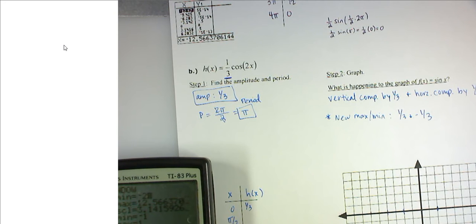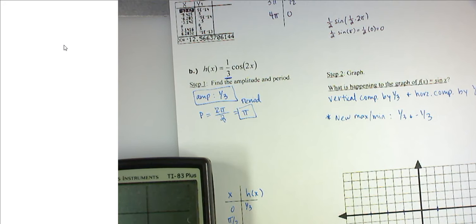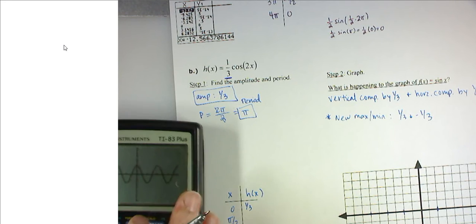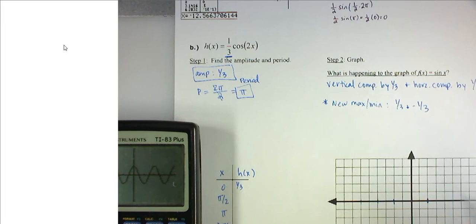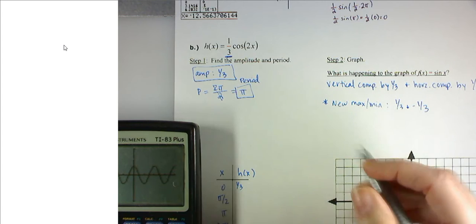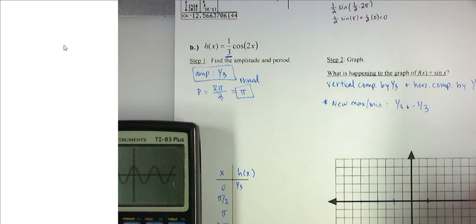I can see my graph there. Again, with this, because it is the 1/3, you can just label this by thirds. So if this is 1/3, this is 2/3, this would be 1. So scale by 1/3. And this would be -1/3.